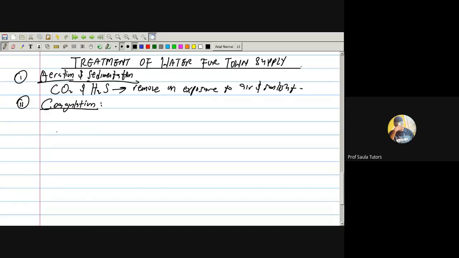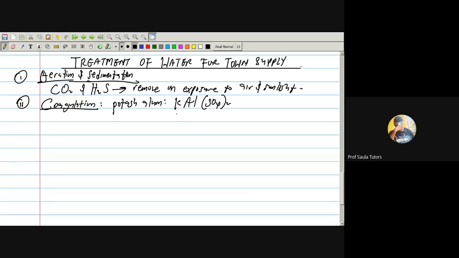Now, what are those chemicals we usually add to carry out coagulation? The chemicals are potash alum, the formula is KAl(SO4)2.